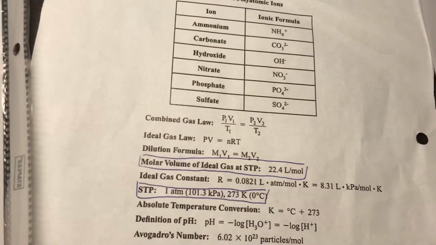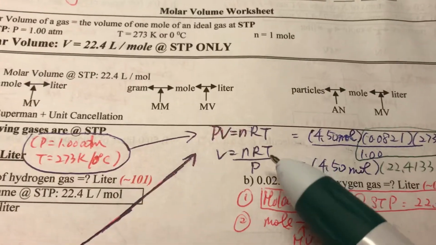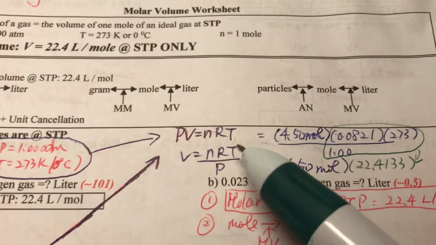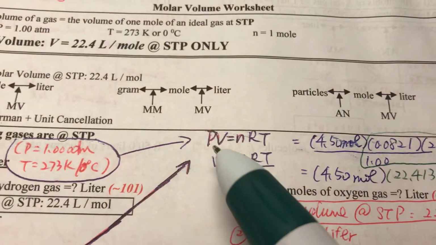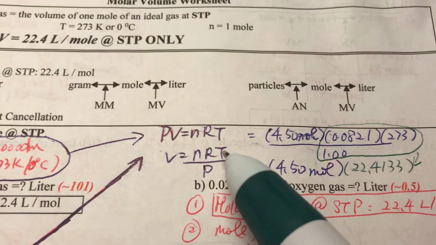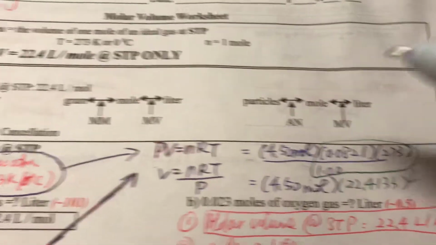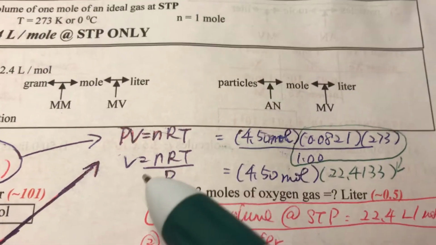Now, what is the good thing about using this number? Let's say you have the ideal gas law, PV equals nRT, with the pressure at 1 atm and the temperature at 273 K. Let's say I have 4.5 mole and I'm looking for volume.